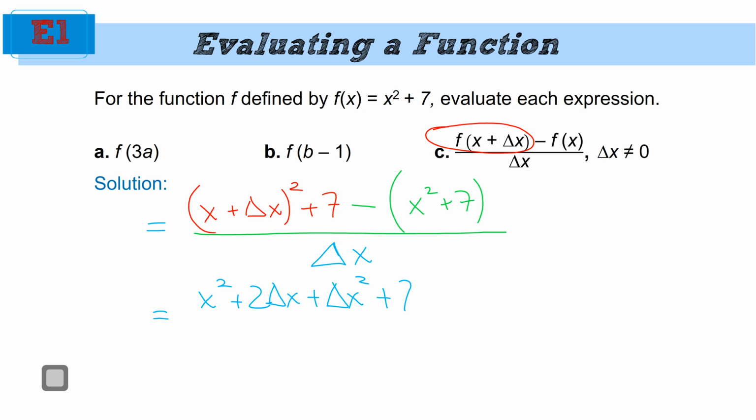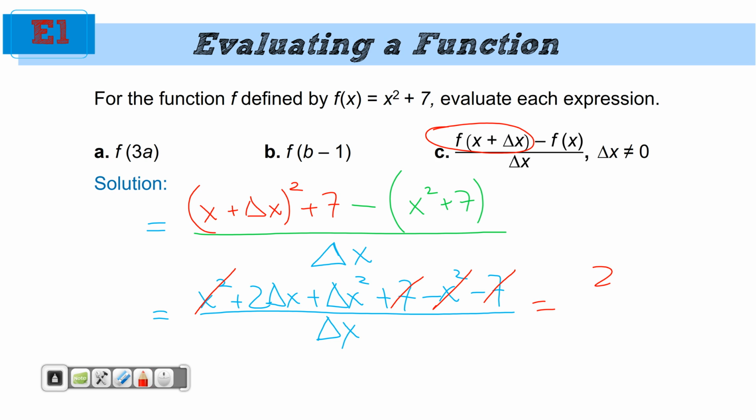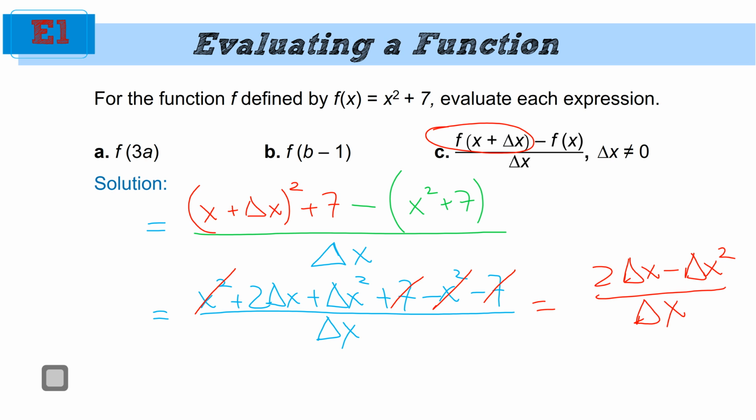Well done. Okay, so far, 7's canceled. x squared's canceled. And we're left with 2 delta x plus delta x squared all over delta x.